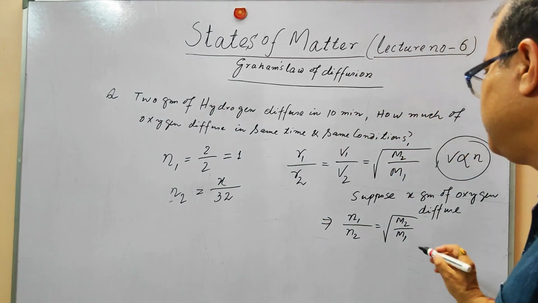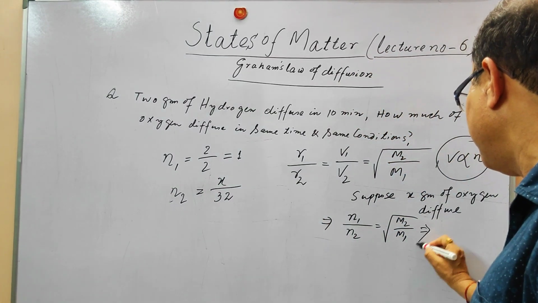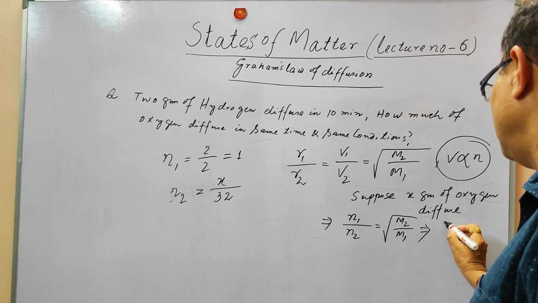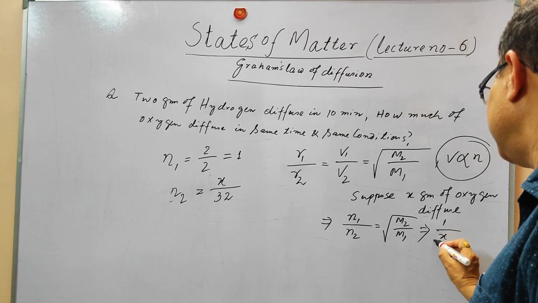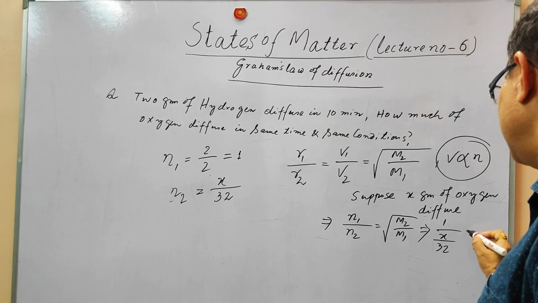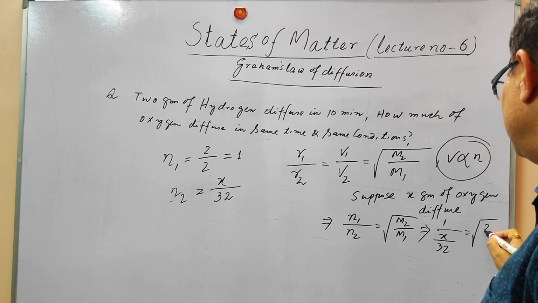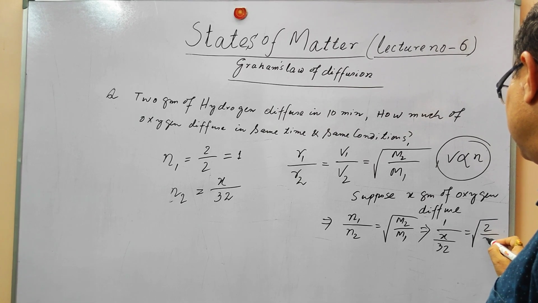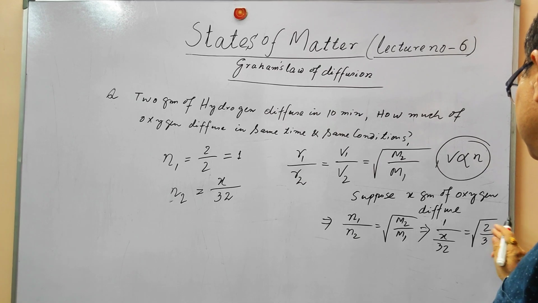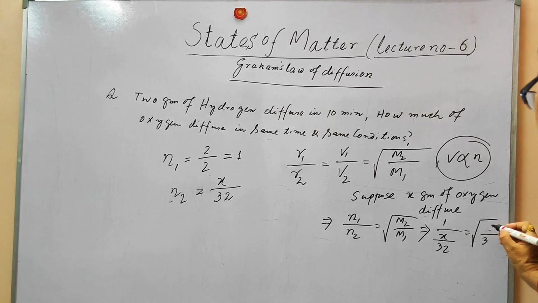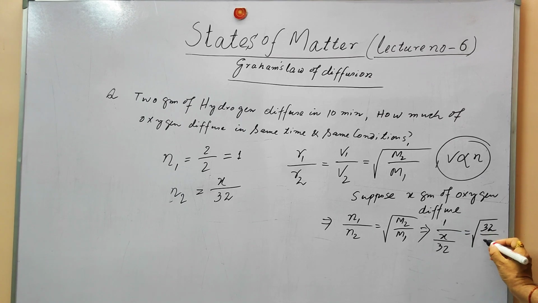So we put it here: 1 divided by x by 32 is equal to root of 32 by 2. Sorry, this will be 32 and this is 2.